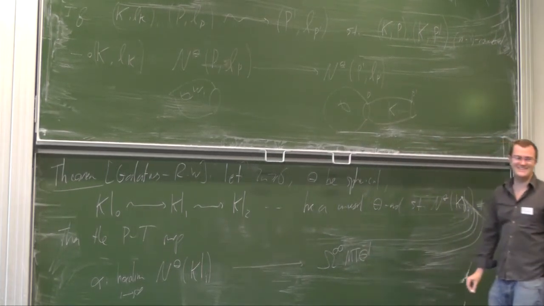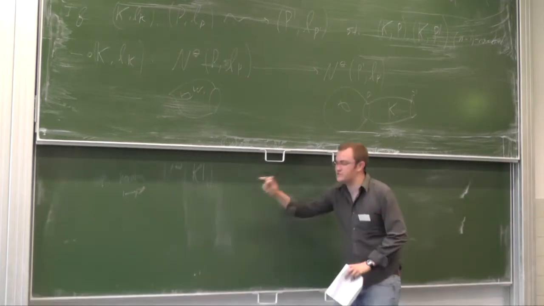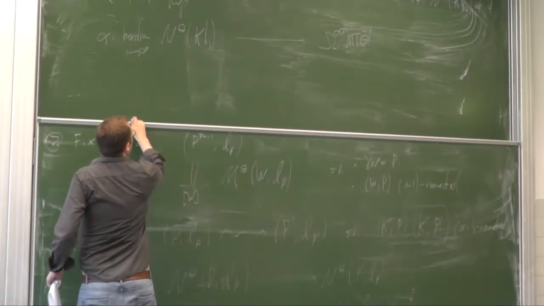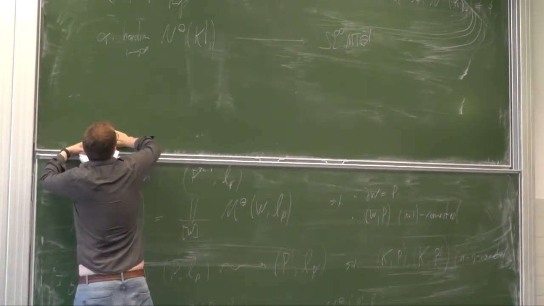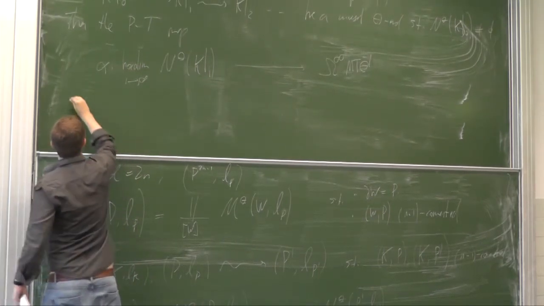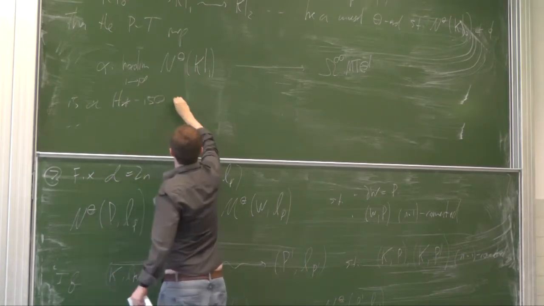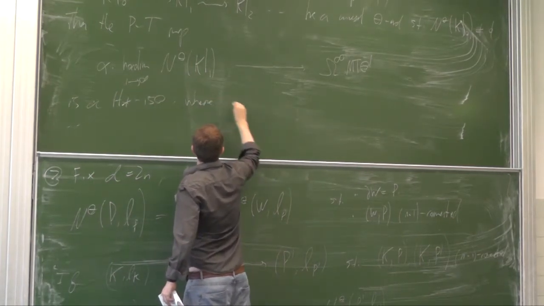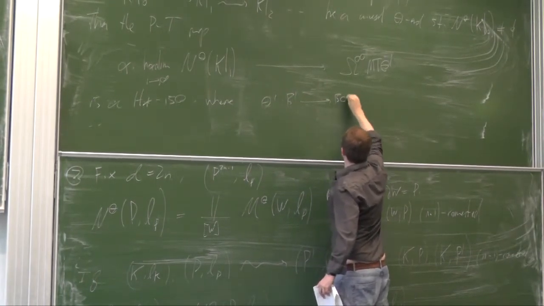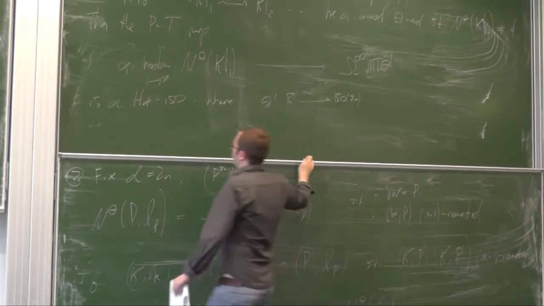prime, where theta prime is the following thing. So it's not the theta that you started with, it's a slightly modified one. The statement is then this Pontryagin-Thom map is a homology isomorphism, where theta prime, B prime to BO, is a new tangential structure that's obtained in the following way.